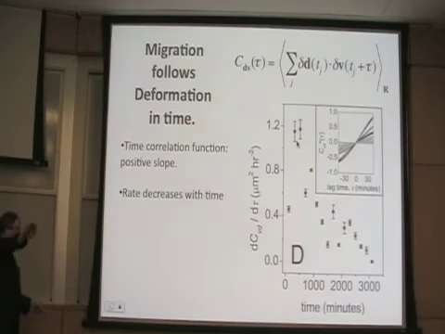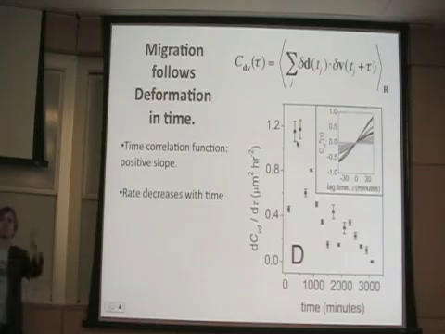So you have a deformation fluctuation at some point, and it's sometime later that the velocity vector catches up with it. You can plot the slope of this as a function of time in the experiment or density, and we see that indeed it's always positive and it decreases. So as the system slows down, velocity fluctuations are slower to catch up to deformation fluctuations.